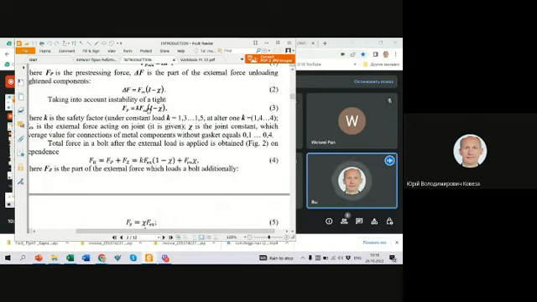Prestressed force we need may be found from this formula. And in this formula, K is safety factor.